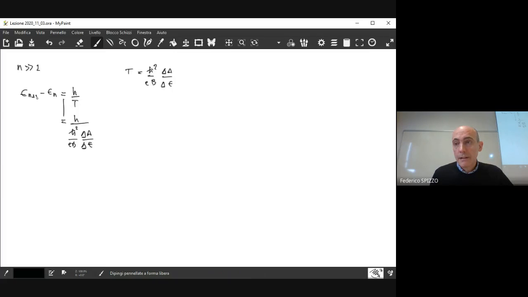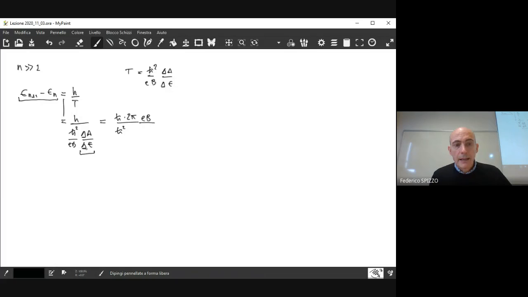Since the difference in energy here is quite small, this delta E and this delta E can be chosen to be the same. So if you don't mind, just to be able to simplify the Planck constant, I replace this h by h bar times 2 pi. So I write h bar times 2 pi, then I have h bar squared. Then eB is here at the numerator.